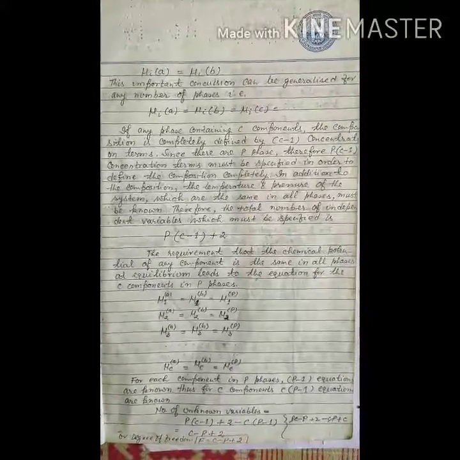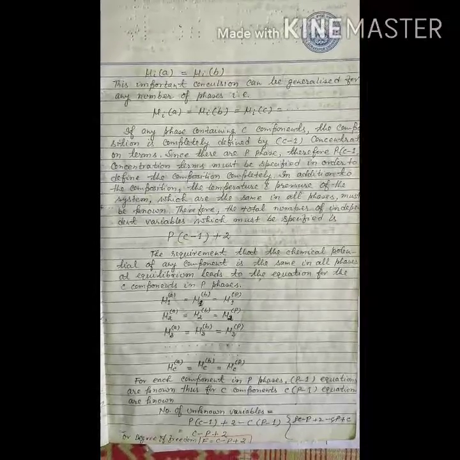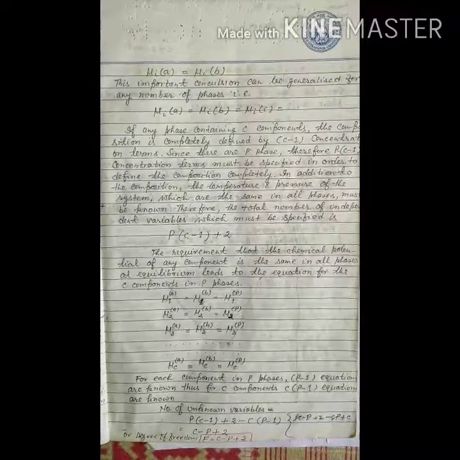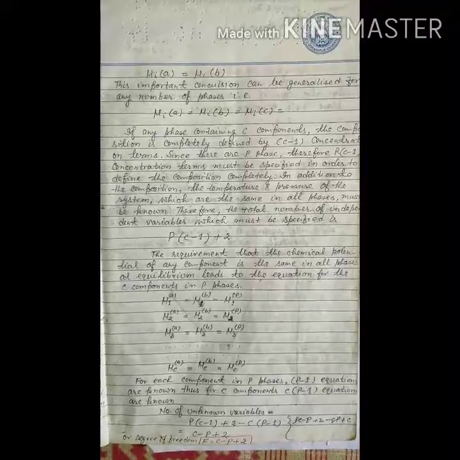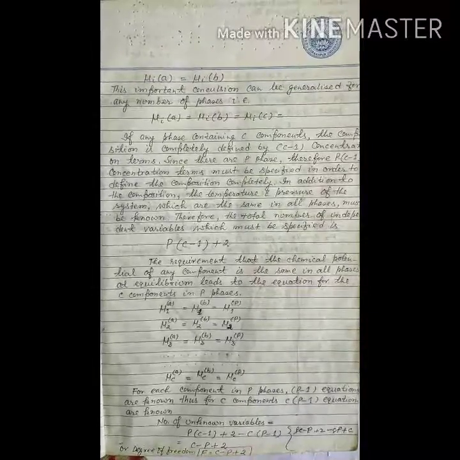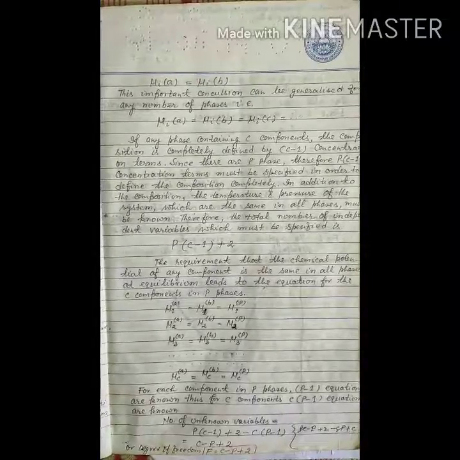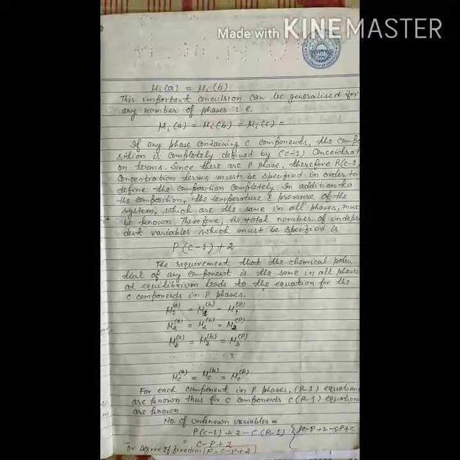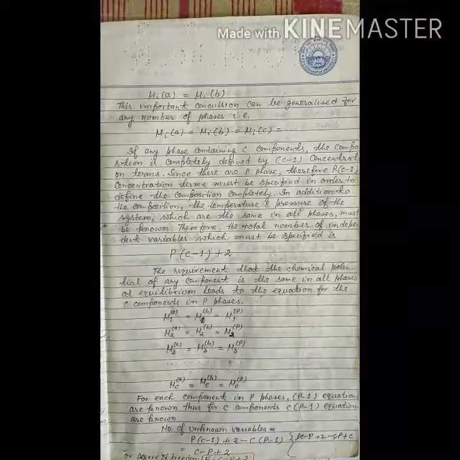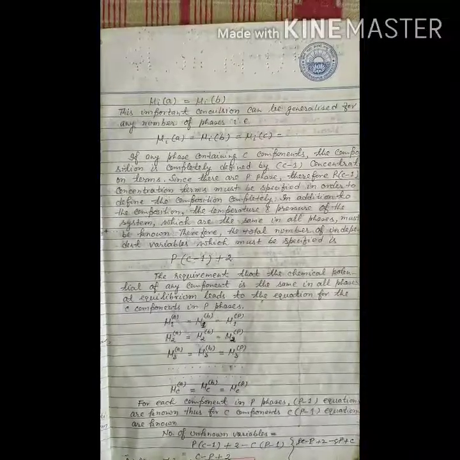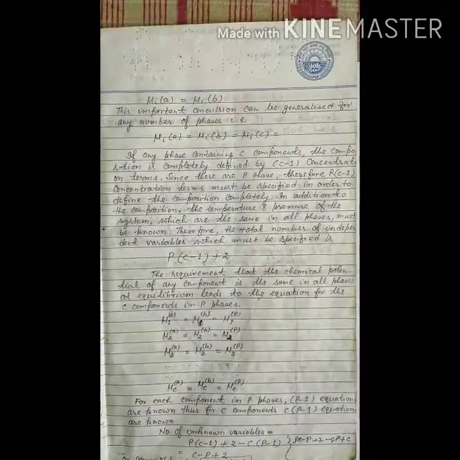This important conclusion can be generalized for any number of phases, that is, chemical potential mu i in phase A equals chemical potential mu i in phase B equals chemical potential mu i in phase C, and so on.